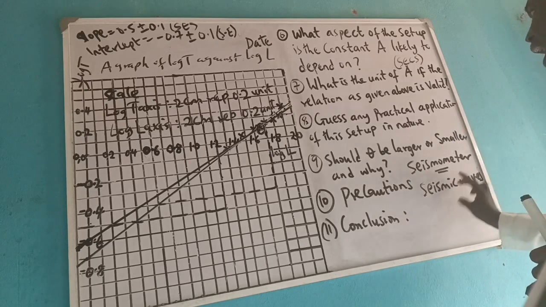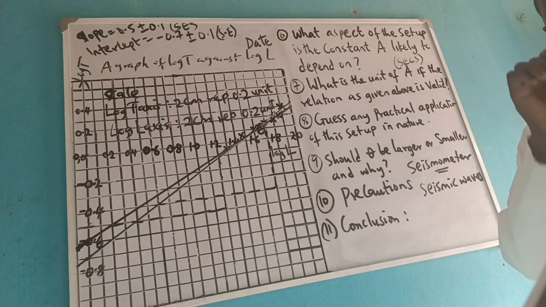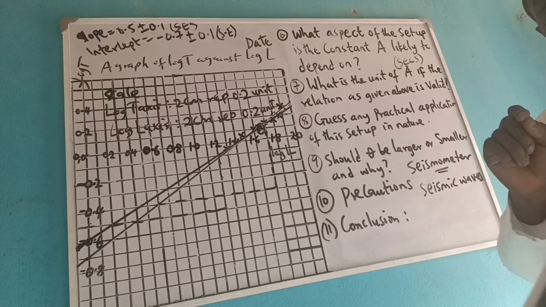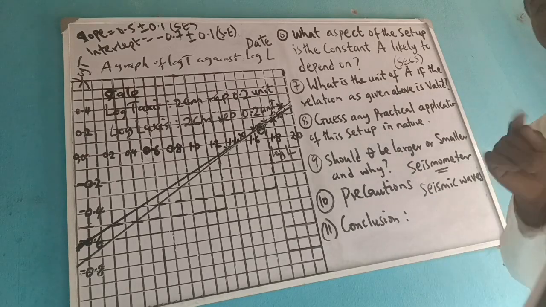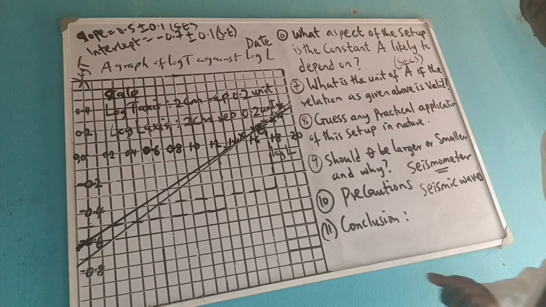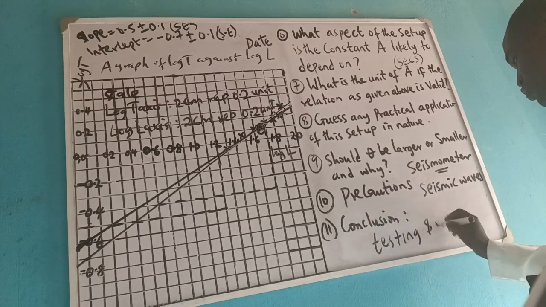Another application of this in nature is that it is also used in physics education to demonstrate periodic and harmonic motion. Then another application is that it is used in testing and research.